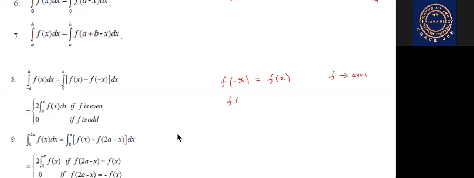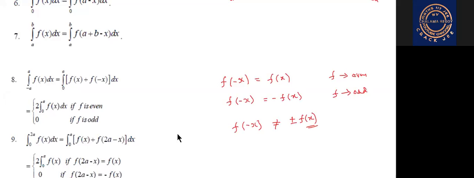If f of minus x is equal to minus f of x, we will say that the given function is odd. If f of minus x is not equal to either plus or minus f of x, in this case we will say that the given function is neither even nor odd.